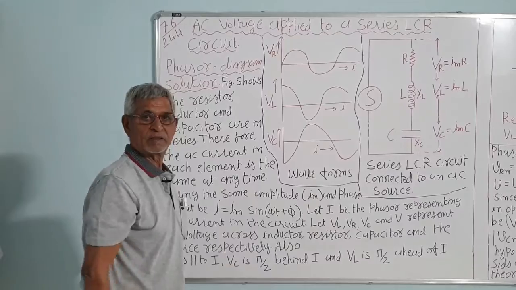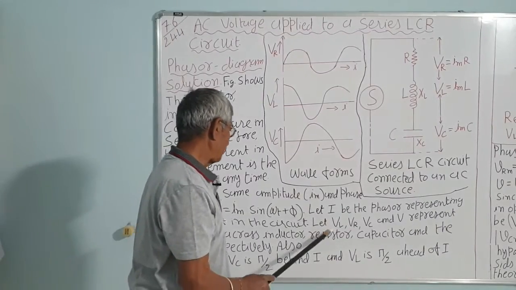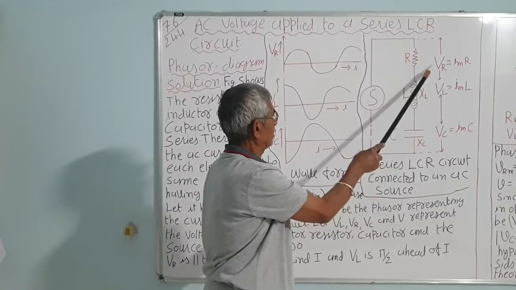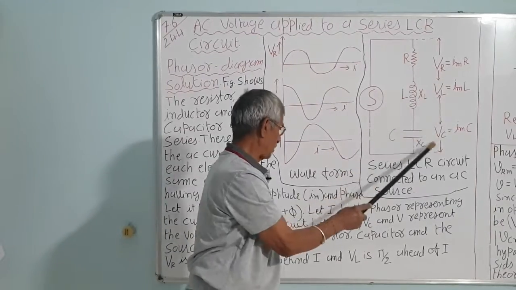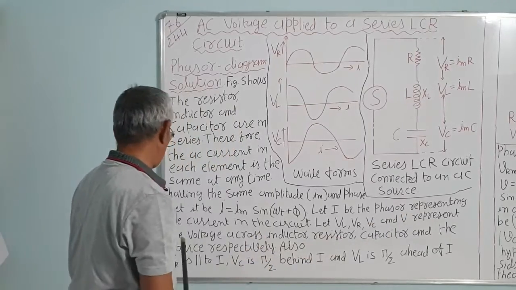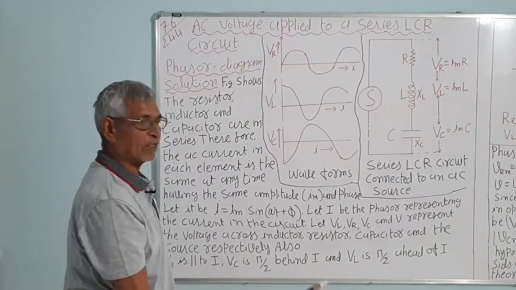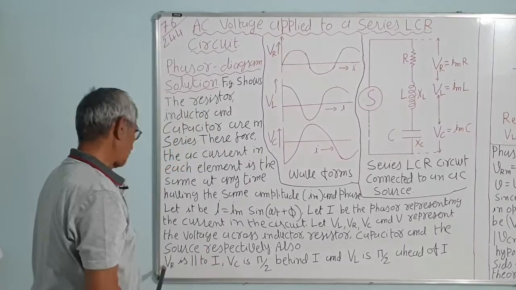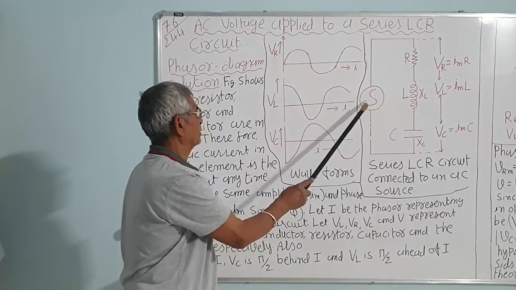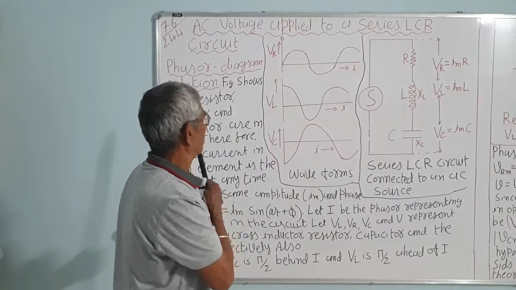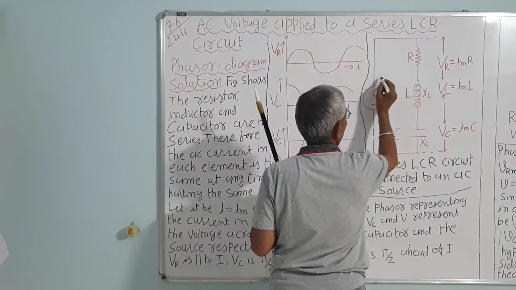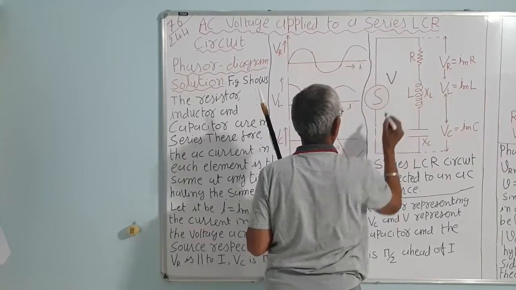Let VL, VR and VC be the voltages across the inductor, resistor and capacitor, and V the voltage across the source. This is V, the voltage of the source.